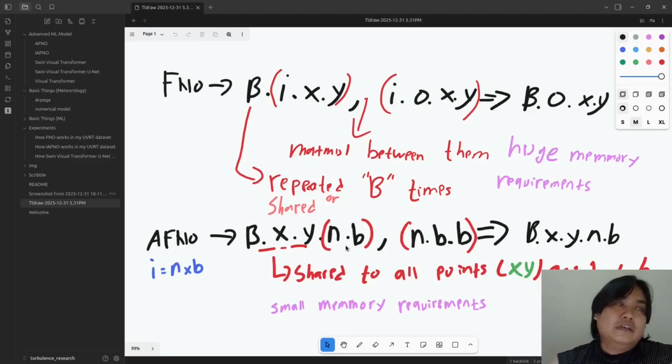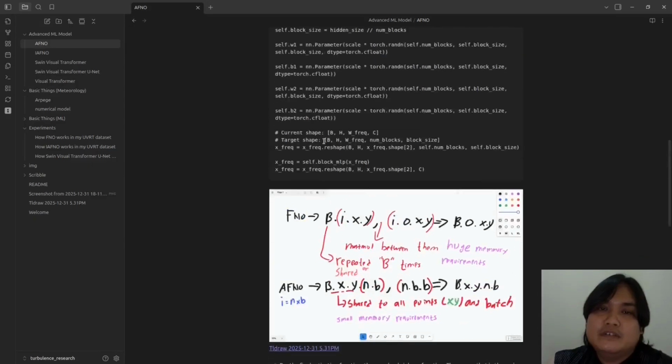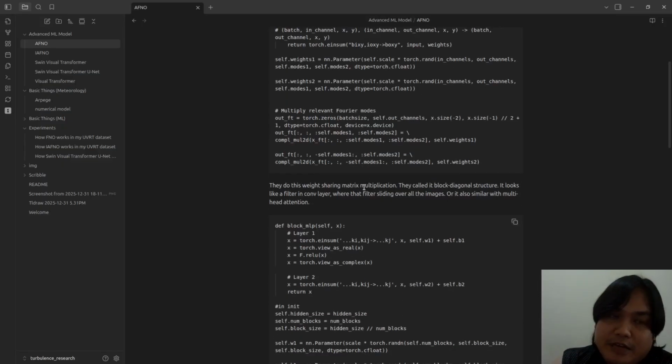And also in the case of the attention network, because the number of heads in the model is increasing, then like the real head in real life, this head can pay attention to many things in the input data. Okay, that's for AFNO. Basically their main innovation is this weight sharing and diagonal block.